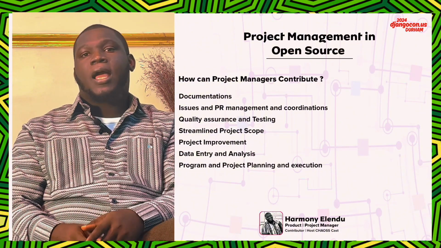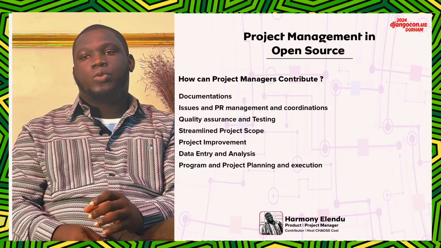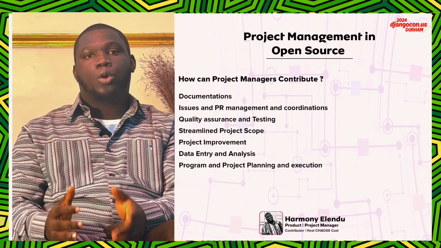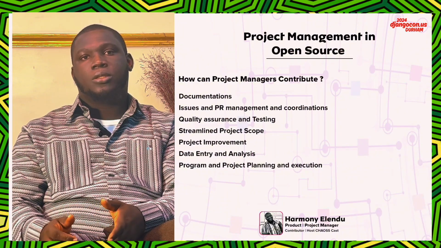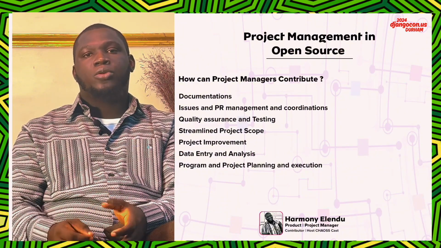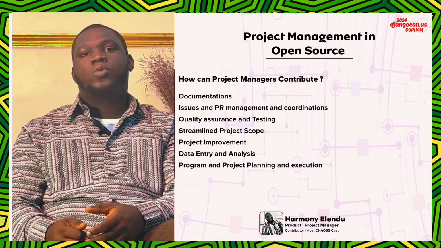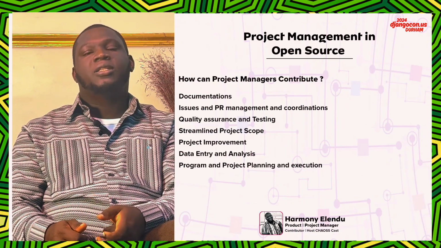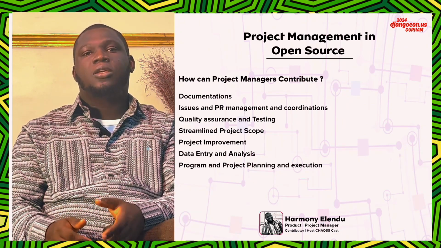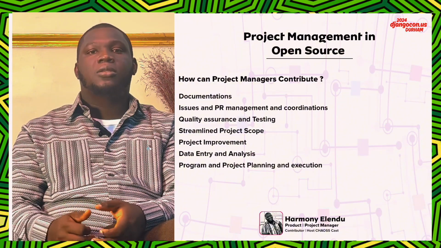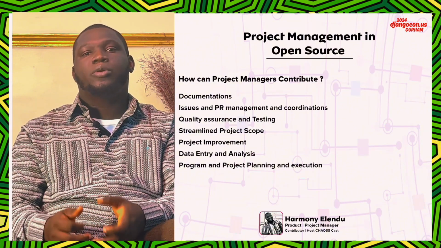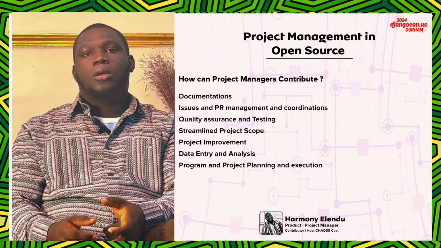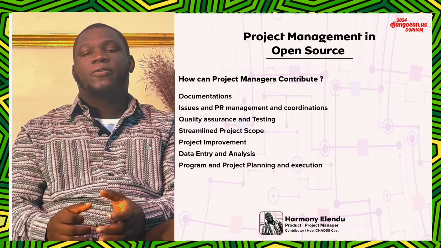Pull requests and issues management is one of the core loopholes that happens within open source communities and projects. With our experience in using project boards, as well as the aid of GitHub project boards, project managers can function as issues and pull request management coordinators.